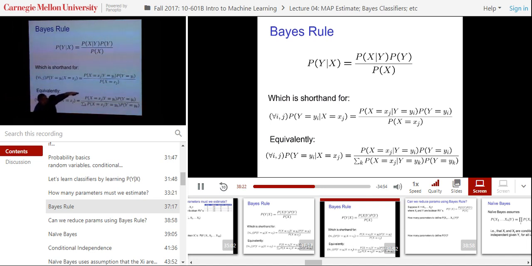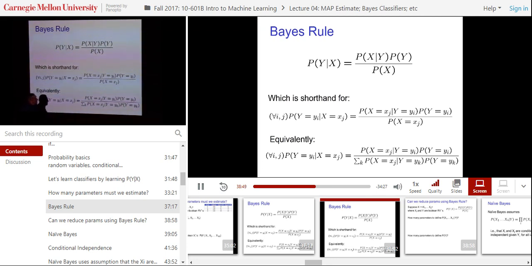And here's just a rewrite of that using the fact that the probability of x taking on a particular value is just, if I have a joint distribution between x and y, the sum over the values y can take on. It's basically the expected value of x given y.